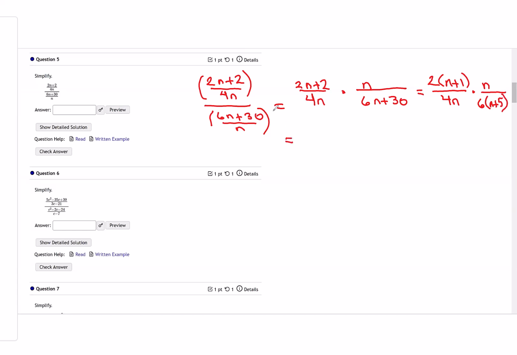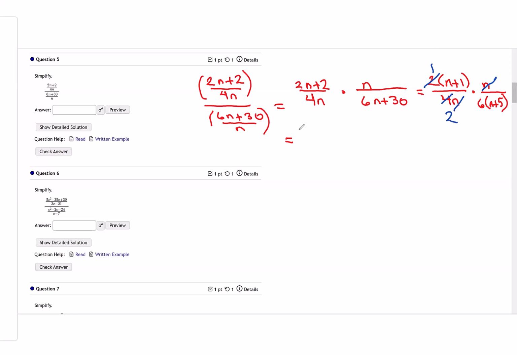Now I can cancel certain things. I can cancel this n. I can cancel anything that is multiplication. I can cancel that n with this n. I can cancel this 2 with this 4, which is the same as dividing both by 2. I get 1 over 2.